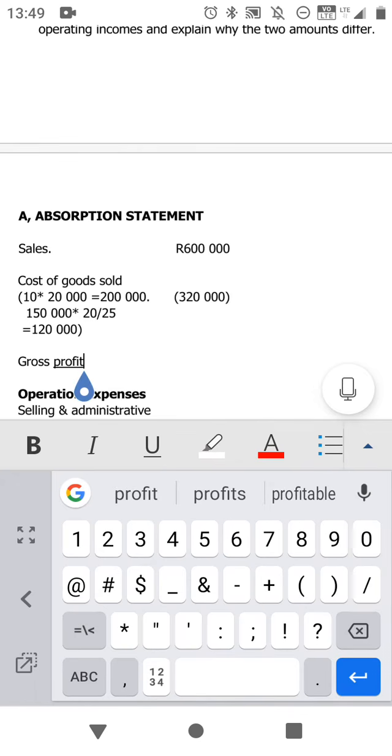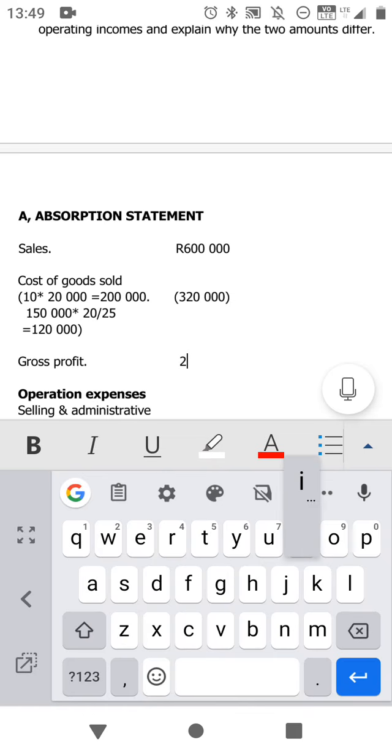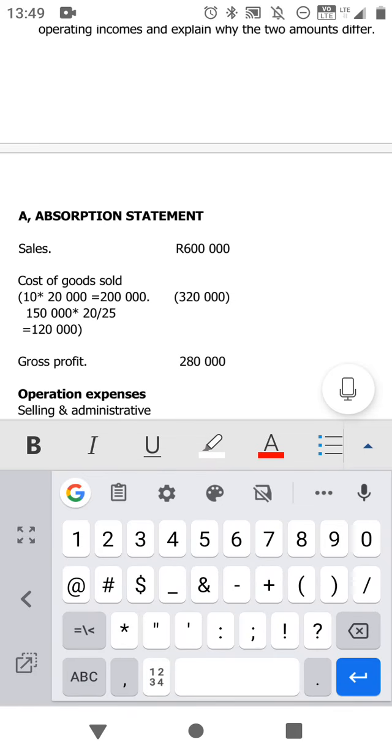Now we can calculate the gross profit under the absorption method. 600,000 minus 320,000 gives us 280,000.